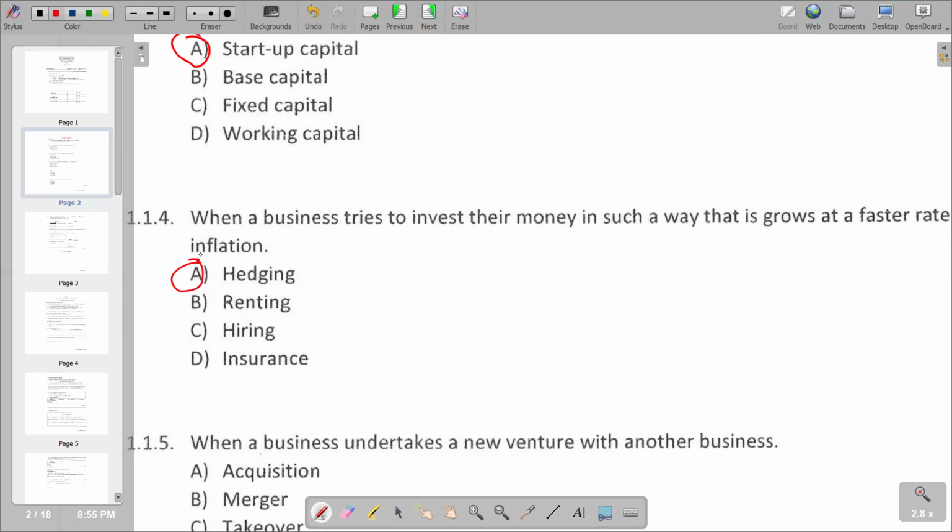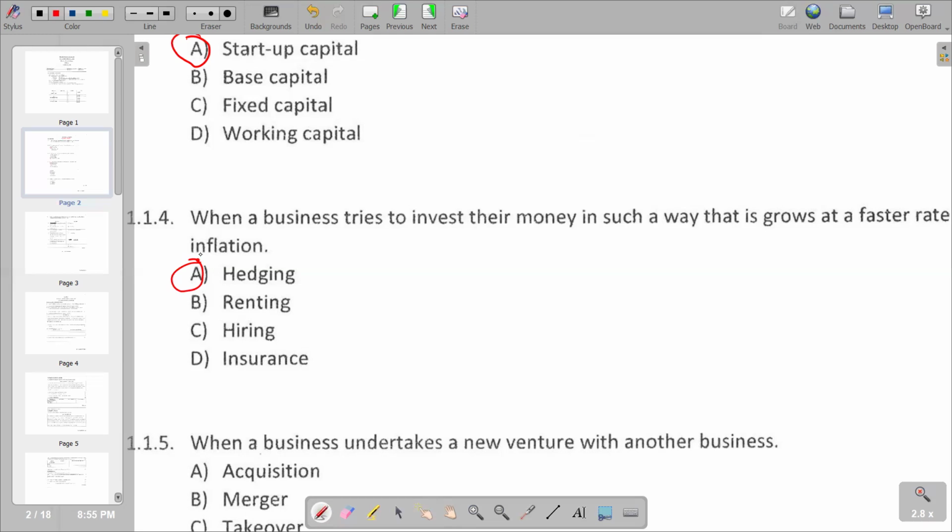As an explanation of hedging, we can explain it from the point of view that it's taking an investment position intended to offset potential losses or gains that may be incurred by an investment. So we are taking an investment position so that we don't lose.